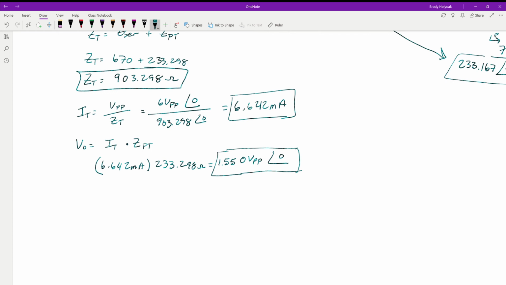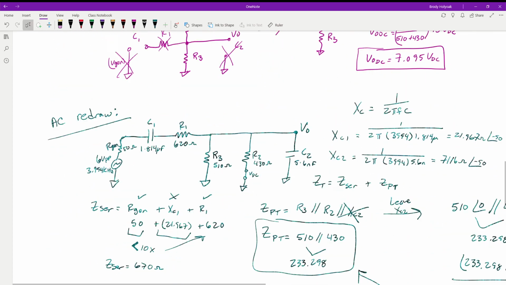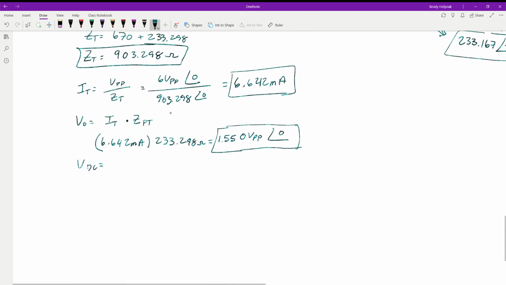All right, so now that we have these two values, we have our V out in peak to peak, and we have our VDC. So I will grab that value from the previous one that we did, 7.095. So now the last part of this is we need to find out how these are going to be combined together.